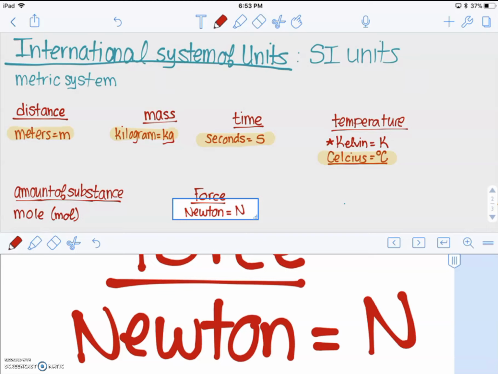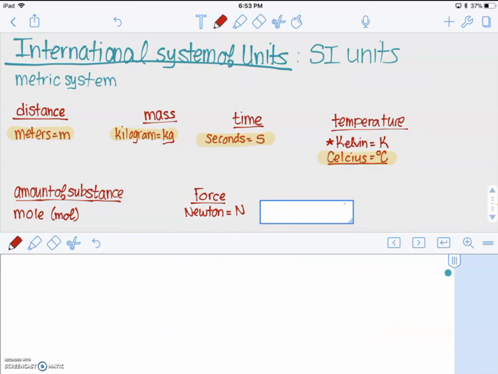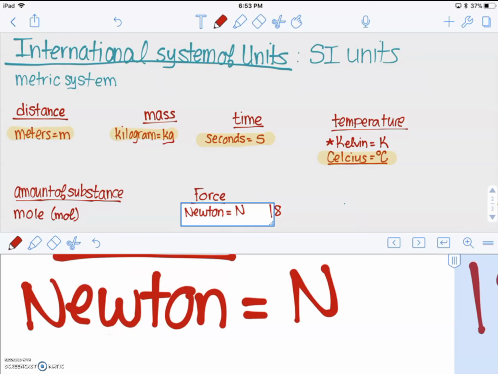If you lowercase the n, if you decide to say that something was pushed with 18n like that, you are wrong. That stands for moles of a substance in a problem, and so I will mark you wrong every time. We want to really make sure, I'm going to erase what I just wrote so it doesn't confuse you, that we are focusing on the capital N for newtons.